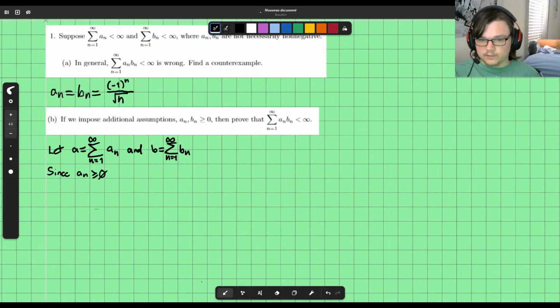Because a sub n is greater than 0, we can basically just say that therefore it is majorized. Or no, sorry, not the sum of a sub n, the sequence a sub n.